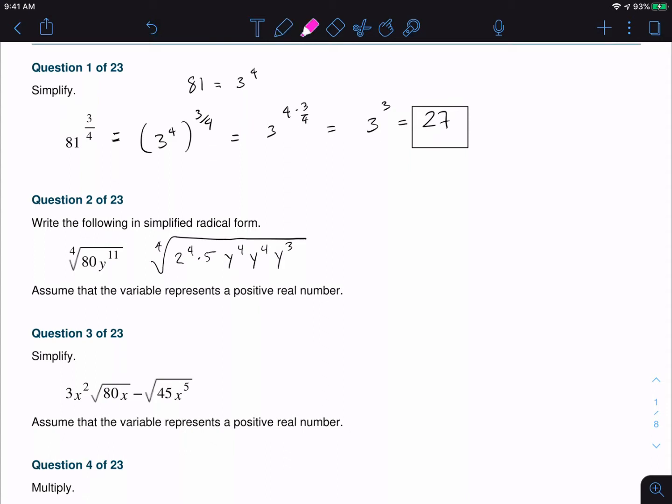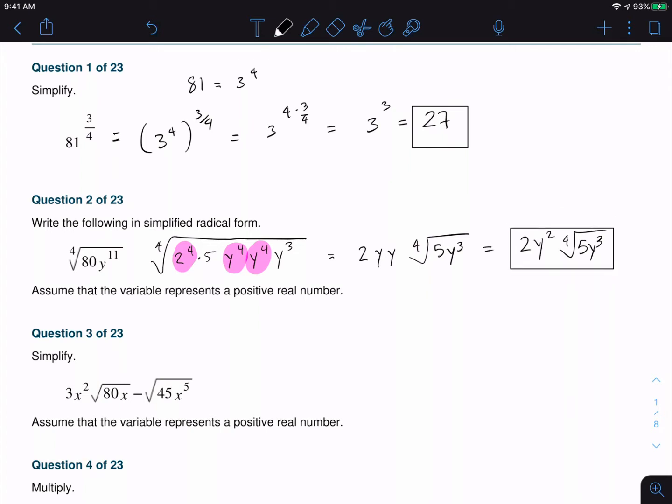Well, everything that has the same power as the root is going to come out as an individual number. So 2 to the 4th, the 4th root of that is going to give me 2, and then I'm going to have a y and a y. And then inside of the root, what's left is 5y to the 3rd. So the answer ends up being 2y squared, the 4th root of 5y to the 3rd.